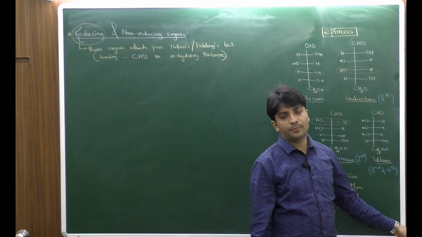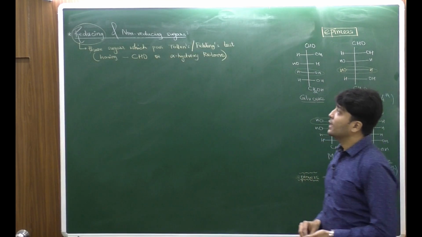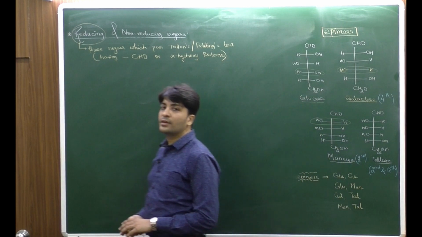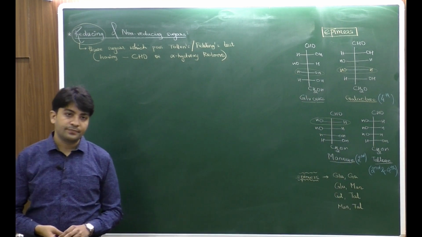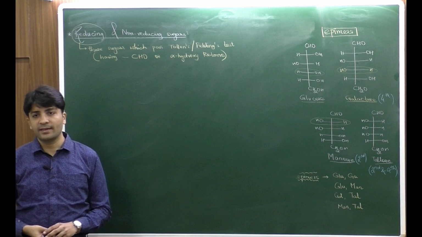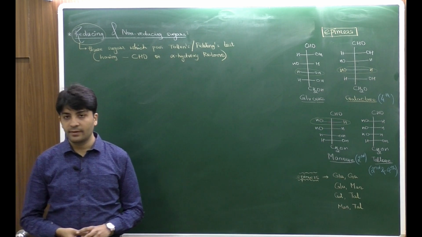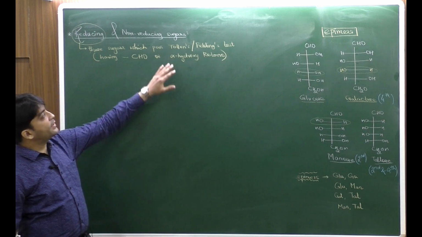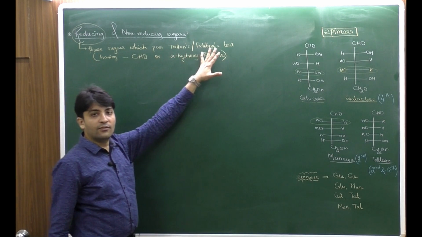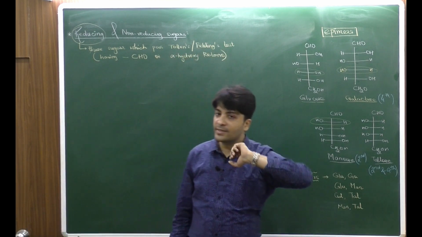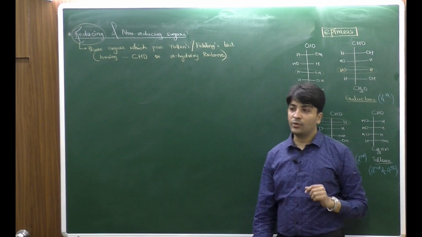Next, a small concept but very important. Reducing and non-reducing sugars. Now the sugars can also be classified depending on the test which they are able to pass. There are 2 tests for carbohydrates, which are Rowland's and Fehling's tests. Now this will be studied in detail when we talk about the carbonyl compounds.